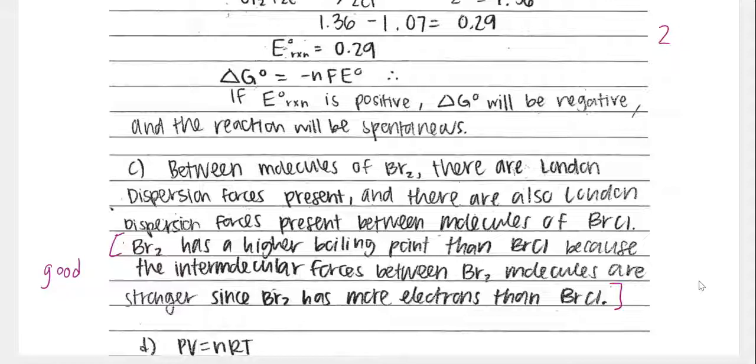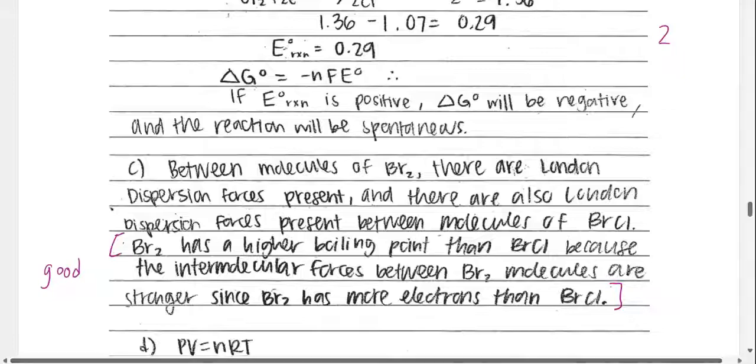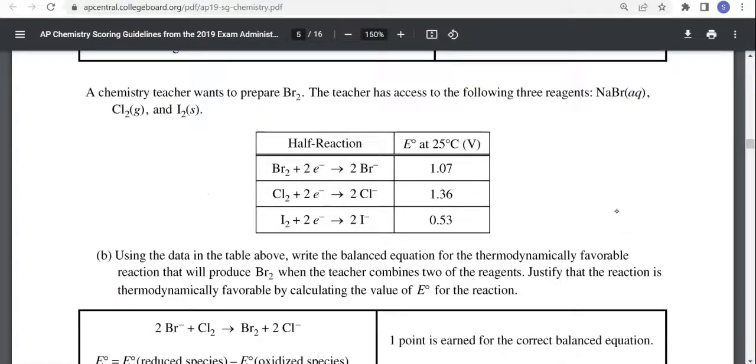And nothing that they said in the first sentence was wrong either, but they did not mention that BrCl also has dipole-dipole forces. And even though that's not the most significant thing in this question, the more significant thing is that Br2 is larger. That's what's causing it to have a higher boiling point.